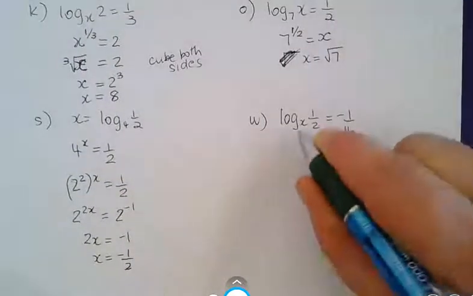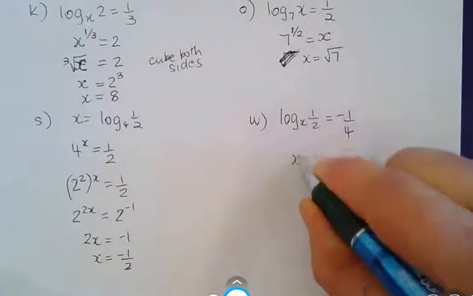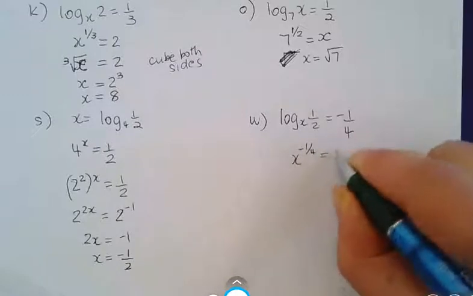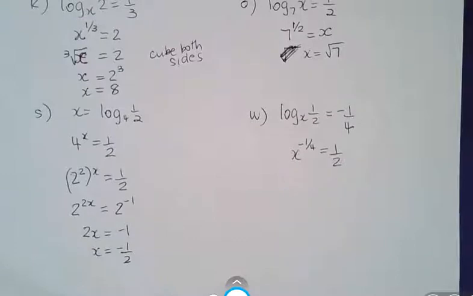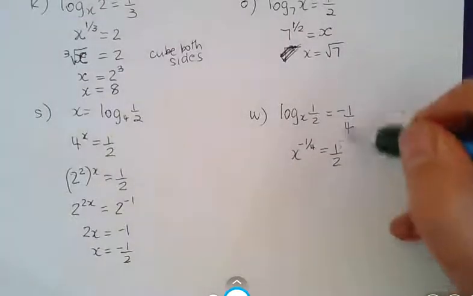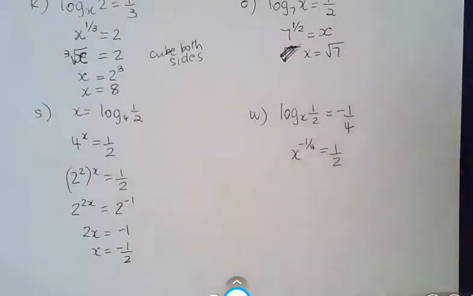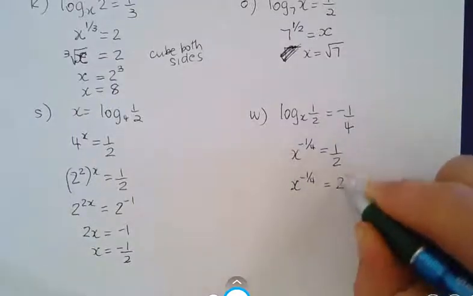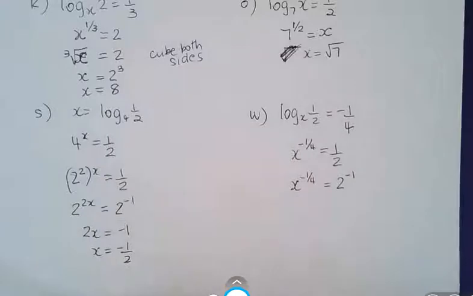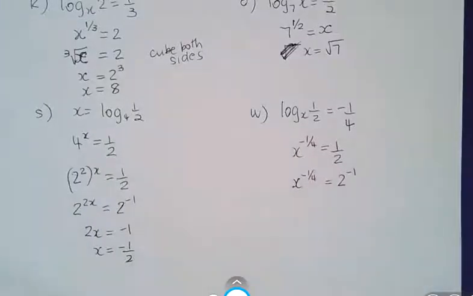What's the base? x. x to the power of negative a quarter is a half. Okay. That's a negative power. Why don't we write this one as a negative power? x to the power of negative a quarter is 2 to the negative 1. Think back here.